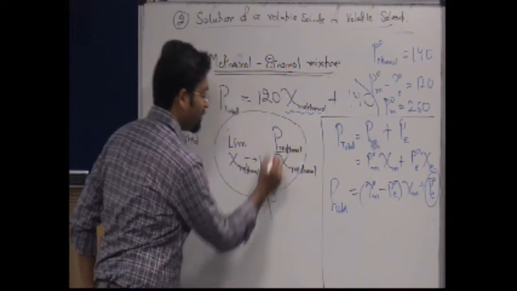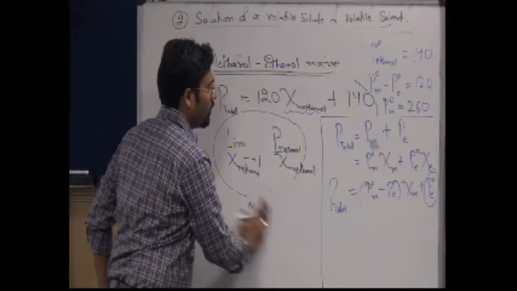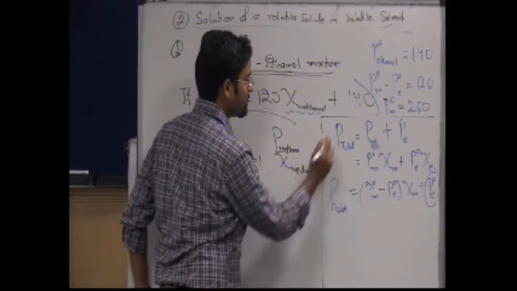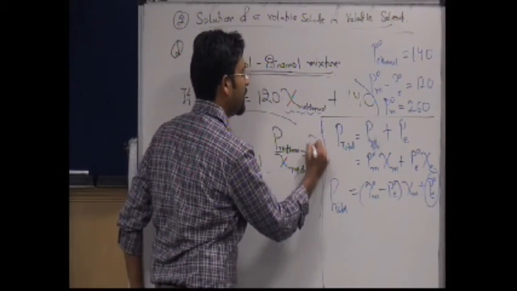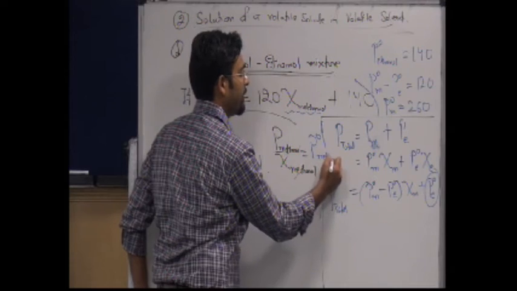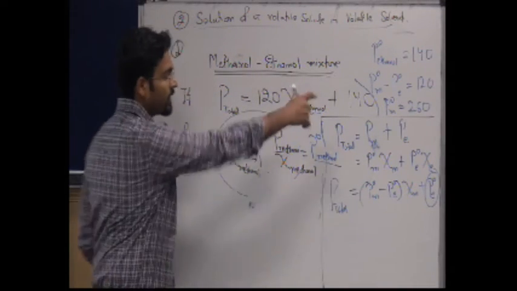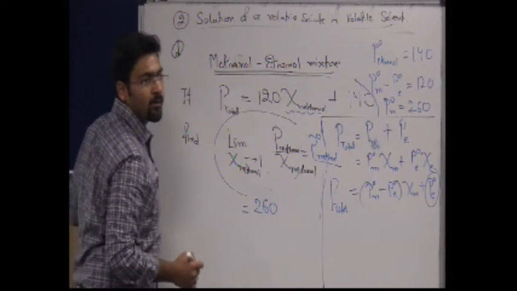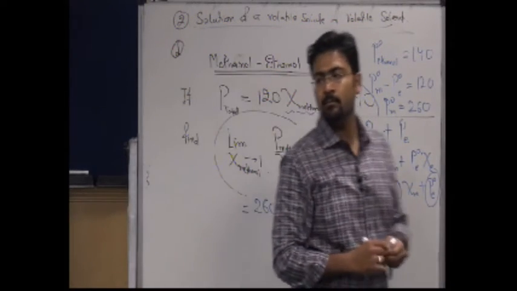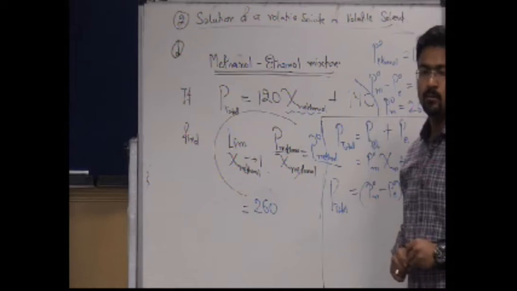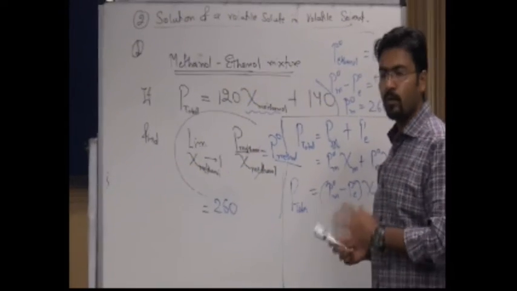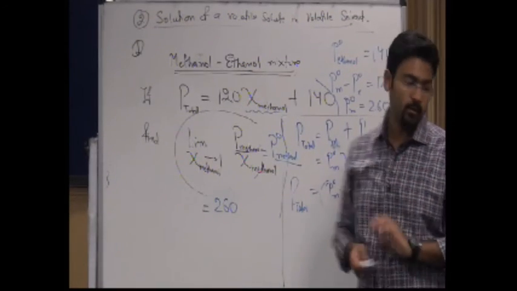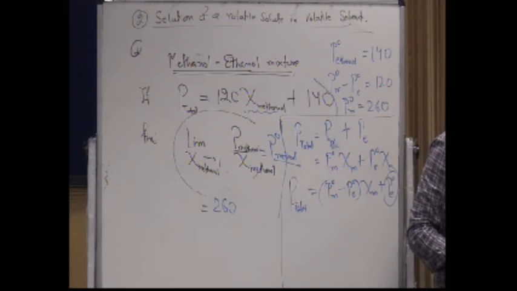So the outcome of this expression is nothing but P naught of methanol. This is what was asked, and this is what you have already derived. Its value is 260 millimeter of mercury. Got it? Clear? So can you solve questions of this kind easily? Great, awesome.